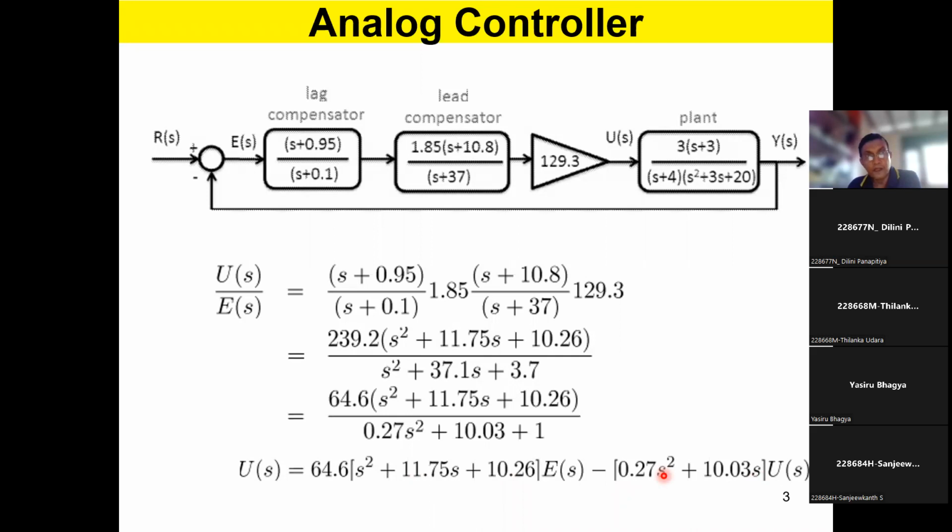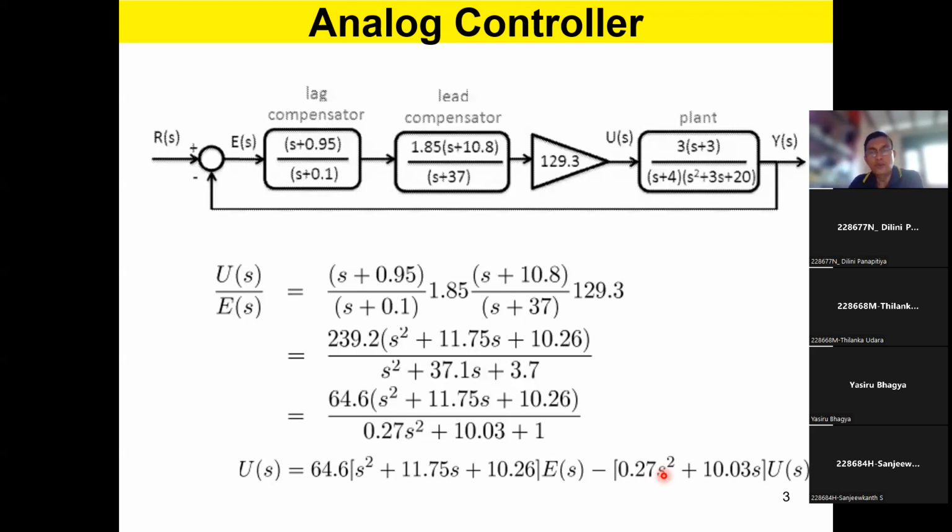So differentiation, addition and multiplication can all be done using op amps. You can go ahead and design the controller in continuous time using components like resistors, capacitors, inductors, etc., together with op amps. So that was fine.